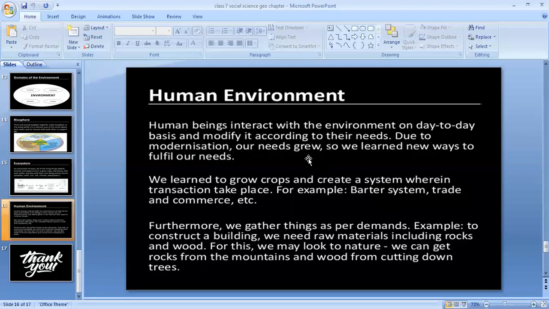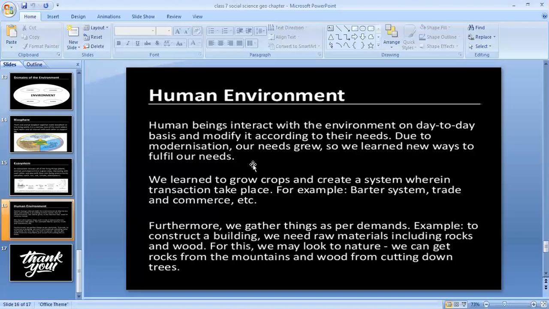Now next is the human environment. What do you mean by human environment? Human beings interact with the environment on a day-to-day basis and modify it according to their needs. Due to modernization, urbanization, and industrialization, our needs grew, so we learned new ways to fulfill our needs by interacting with the environment.